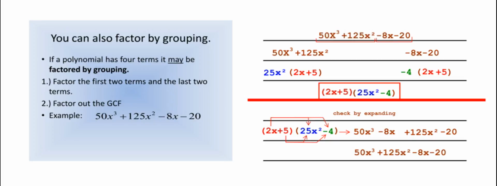No exponent in that one, right? So it looks like we got exactly what we originally started with: 50x to the third plus 125x squared minus 8x minus 20. Yep, we got the same answer as what we started with. So it looks like that is our factored form in the middle there. It's our correct answer.